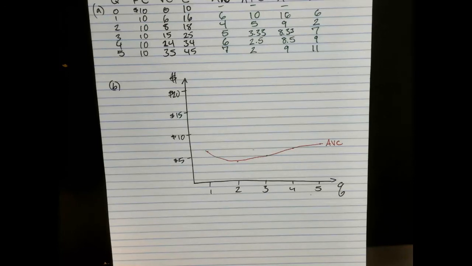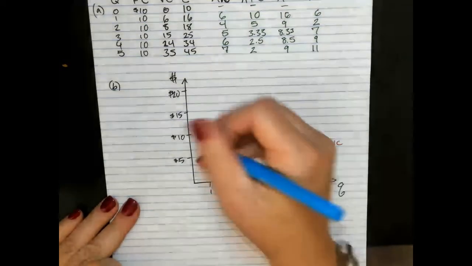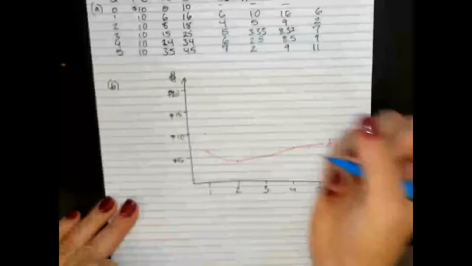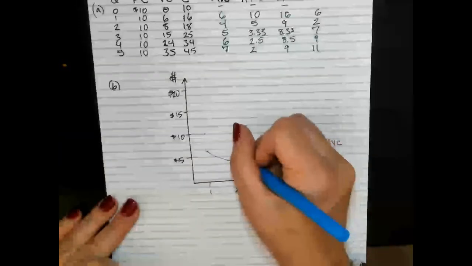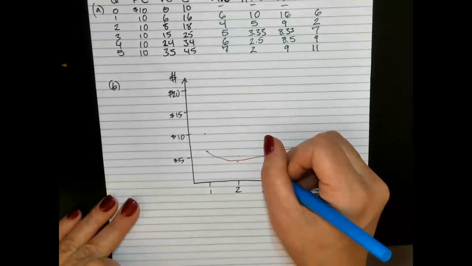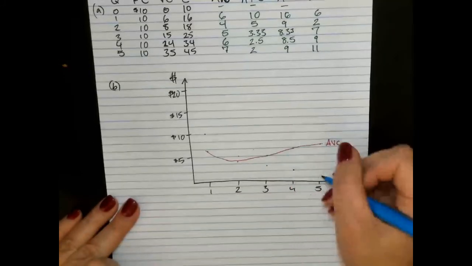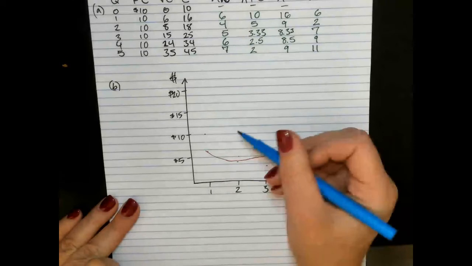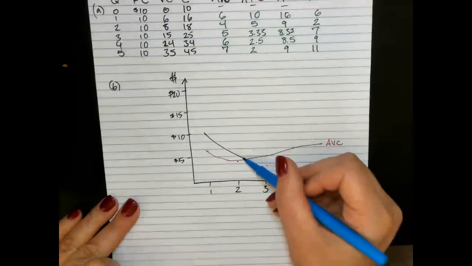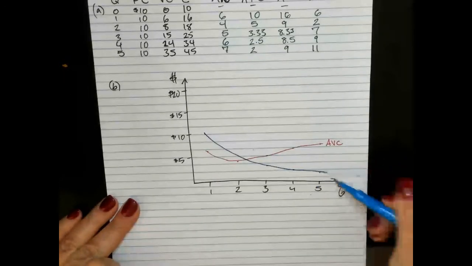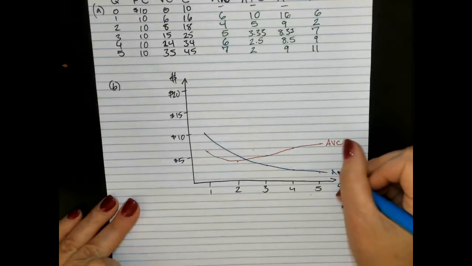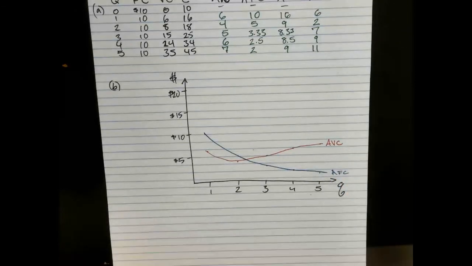Our average fixed cost is always falling. We start out with average fixed cost of $10, and then we drop down to 5, and then 3.3, and then 2.5, and then 2. And so that gives that relationship. That's not necessarily the most important curve.